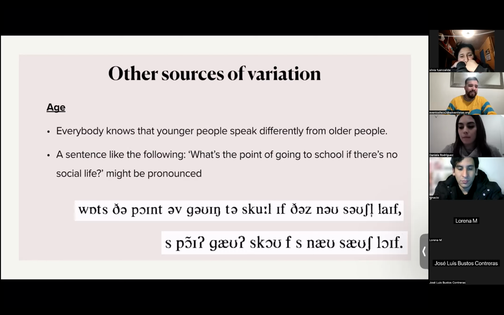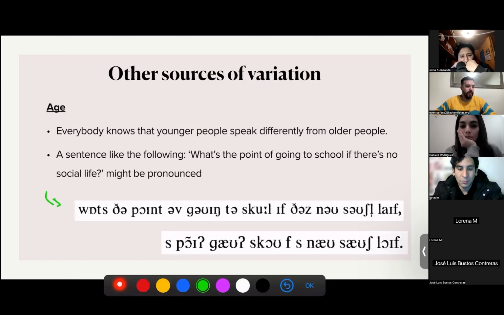So here we have a sentence like the following: what's the point of going to school if there's no social life? And we have two differences here. An older person would pronounce that one like this in English, and a young person would pronounce that phrase like this.